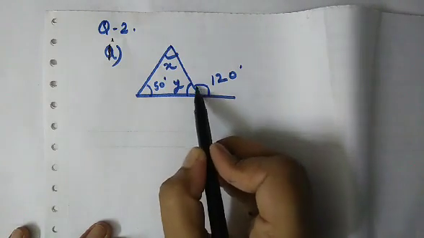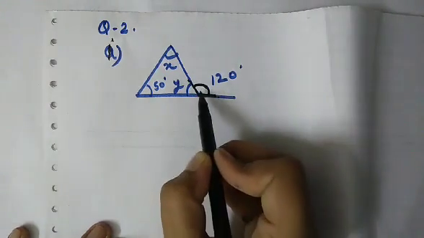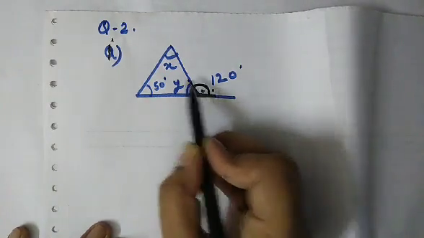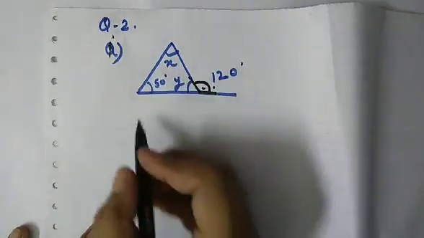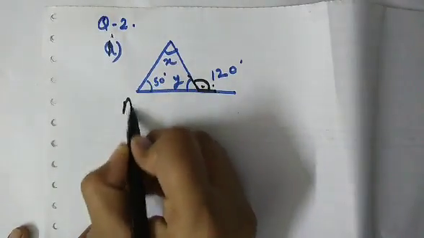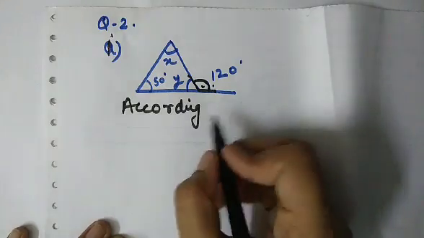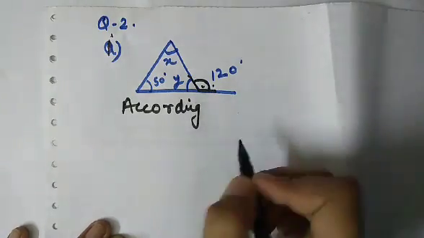Now 120 is the exterior angle. So can I apply the exterior angle property, that this 120 is equal to 50 plus x? As you are applying the exterior angle property, you have to mention the reason; reasons are the important part of this chapter.